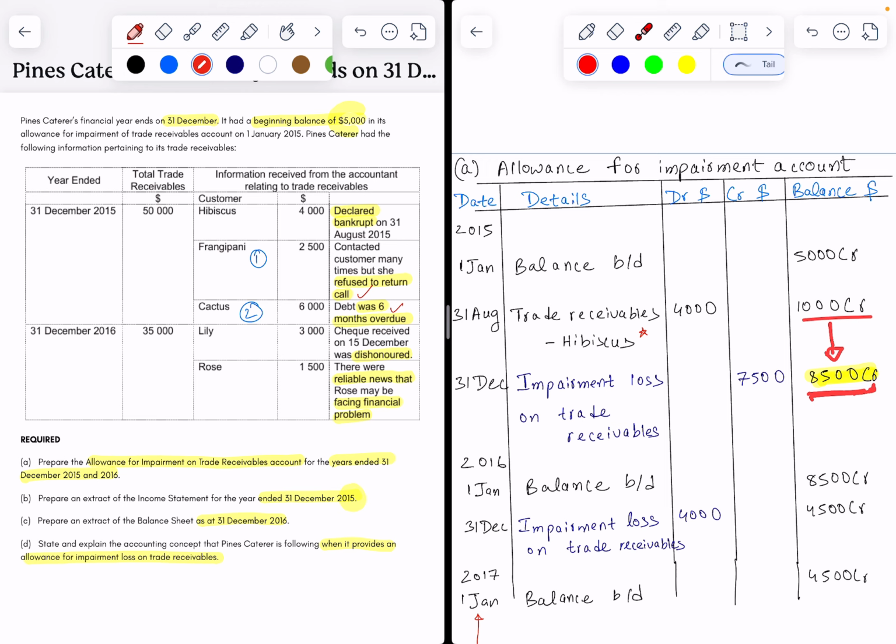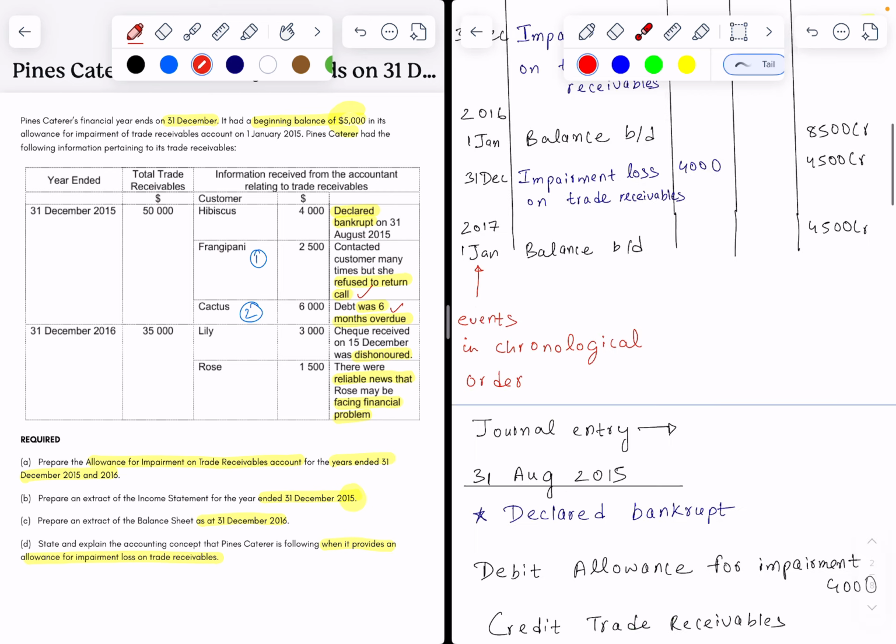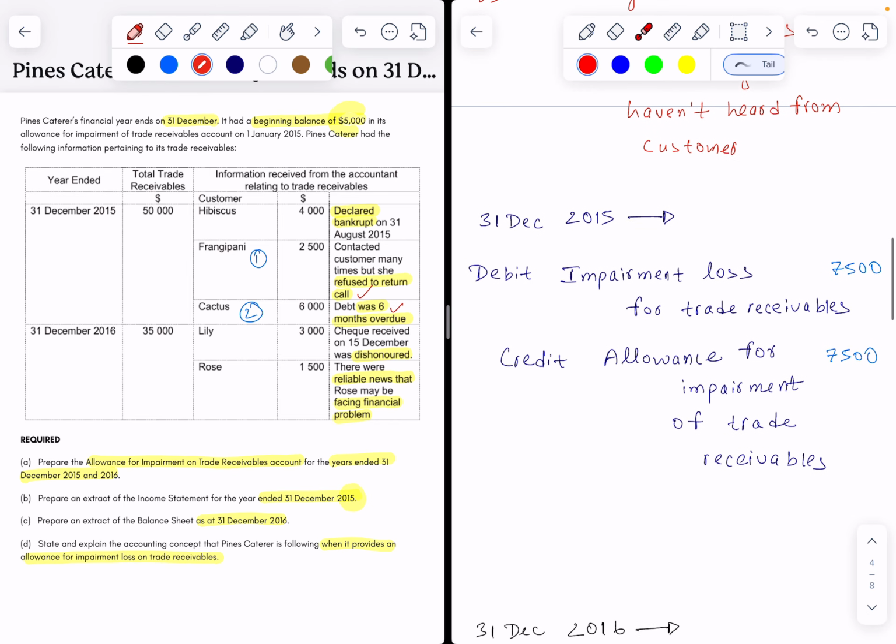That can happen if we have an increase, which is what you can see in this case. So let's look into the journal entry for this increase. At 31st of December 2015, we are going from $1,000 credit to an ending balance of $8,500 credit, which means it's going up by $7,500 between 31st of August 2015 and 31st of December 2015.